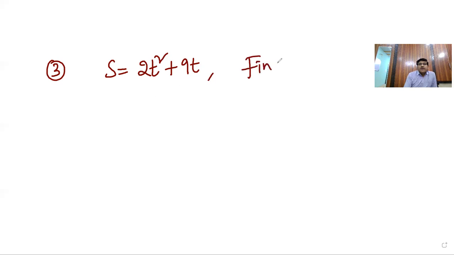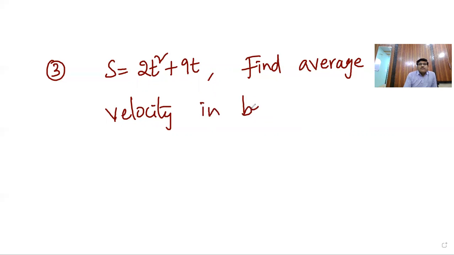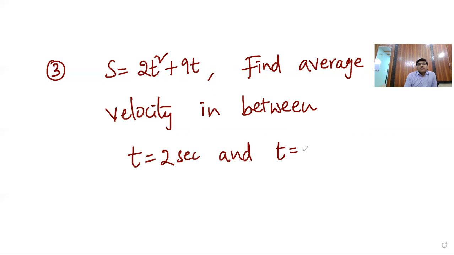Find the average velocity in between t is equal to 2 seconds and t is equal to 4 seconds.